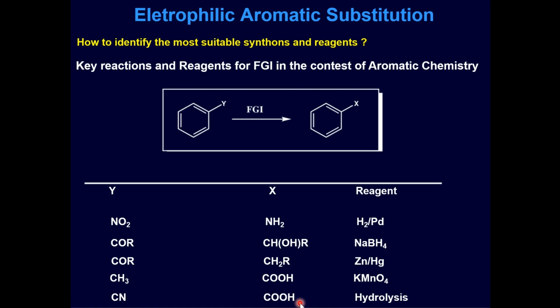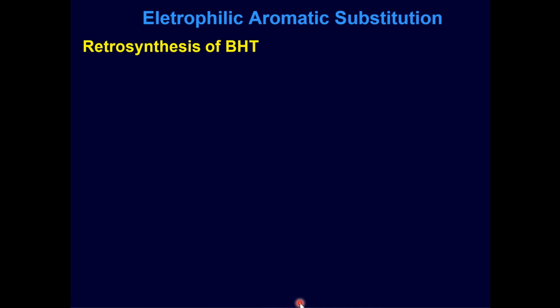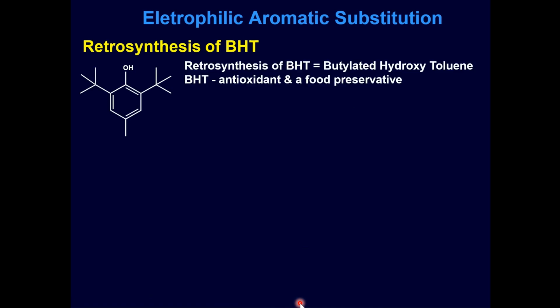Yes, the knowledge of reactions, the reagents, and the interconversion conditions required, all these are the basic necessity for doing the retrosynthesis. If I take BHT, butylated hydroxytoluene, this is used as an antioxidant and a food preservative.